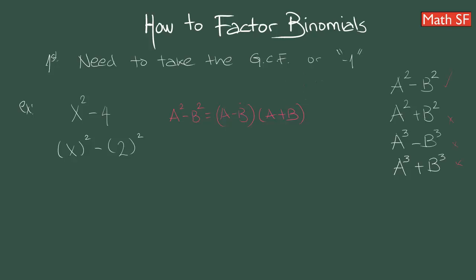One is the difference between two numbers and the other is the sum. For future reference, remember conjugates. Now let's go back to the problem. x squared minus 2 squared. Therefore, this is your a and this is your b. So it will be x minus 2 times x plus 2.